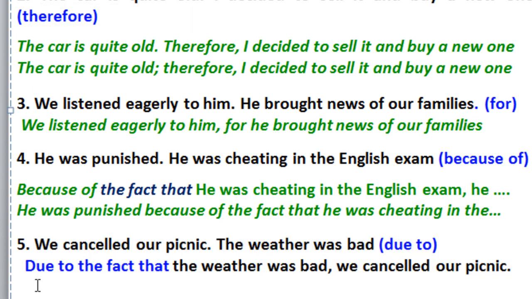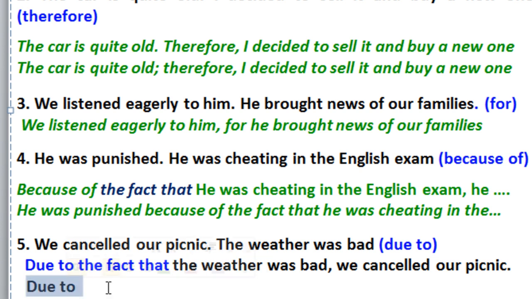The second possible answer is putting due to in the middle of the sentence. We cancelled our picnic due to the fact that the weather was bad. A third possible answer can be provided by following due to by noun phrase.